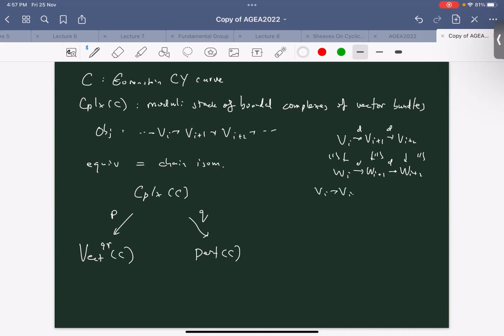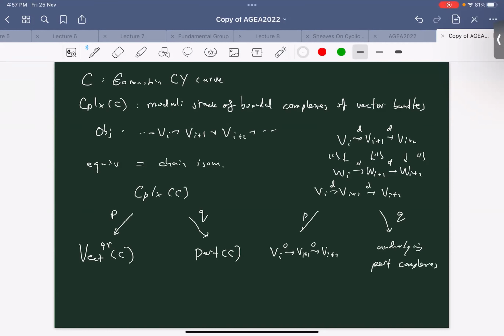We just send a complex to its underlying graded vector bundle; you just degenerate all the maps to 0. This is the first map, the P map. And for the second map Q, I send it to the underlying perfect complex.